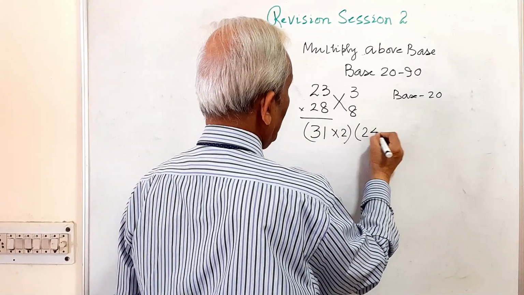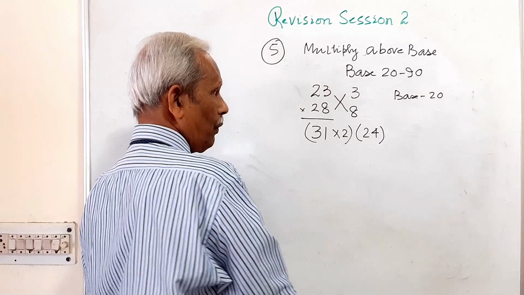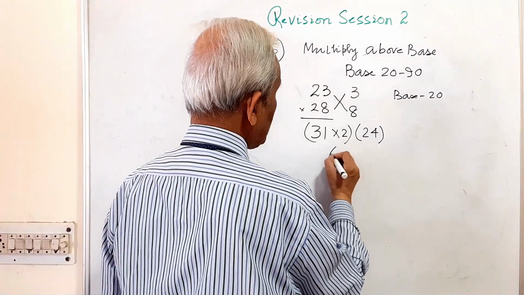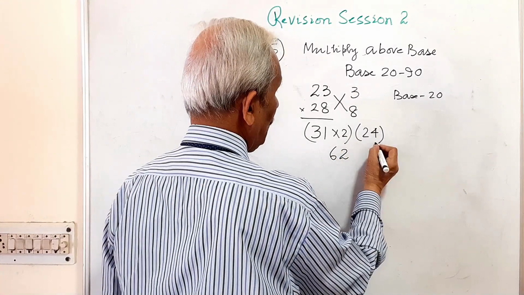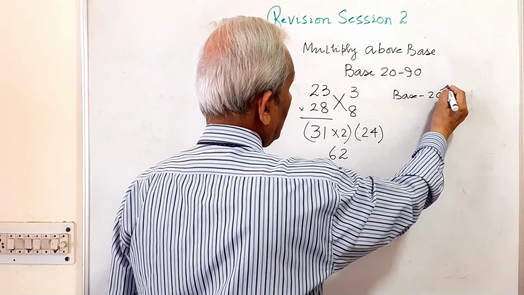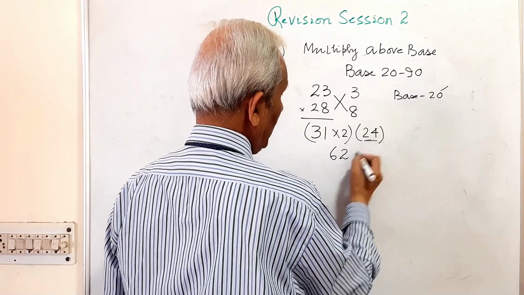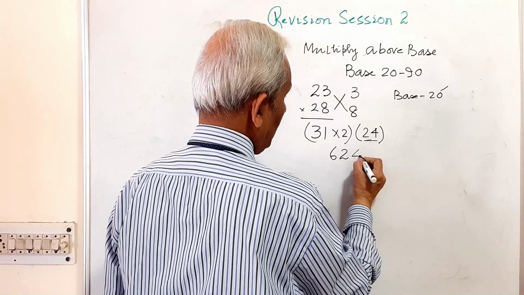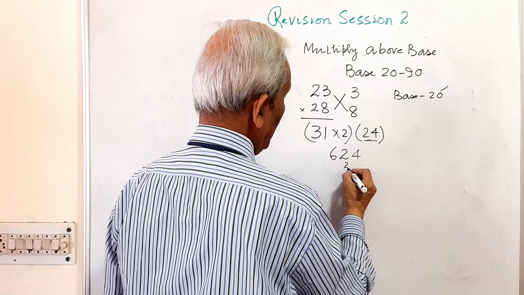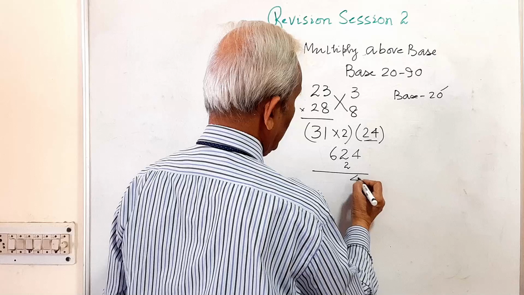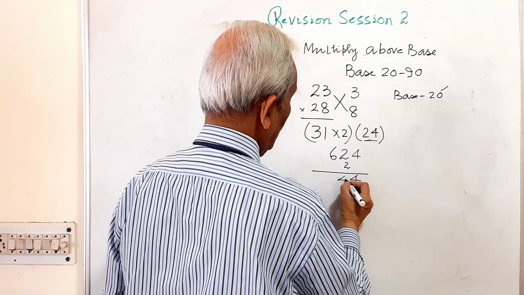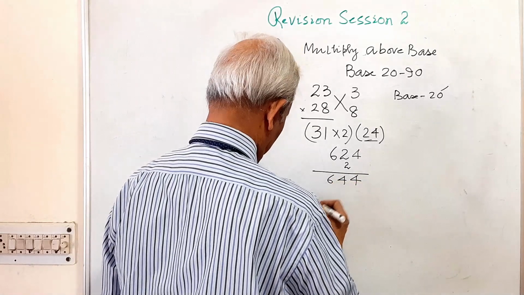This is the next part of the answer. 31 into 2 is 62, and the base has got one zero, but there are 2 digits here. That means 24 we will not write here, we'll write 4 here and 2 here. And this becomes 644.